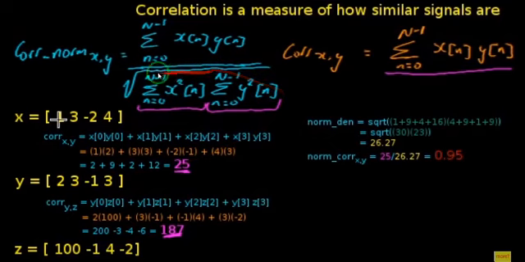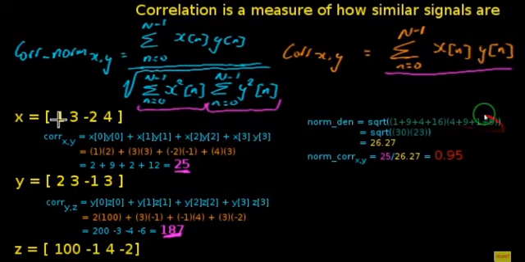And now if I calculate the denominator, you see here 1, 3, minus 2, and 4, and I square them, and then I sum all of them, and again here 2, 3, minus 1, and 3.